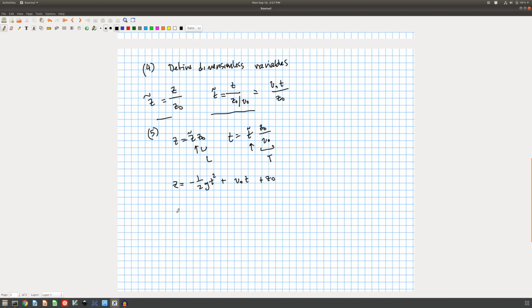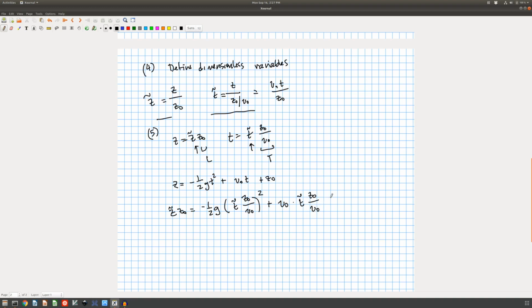So z becomes z tilde z0, and that equals minus 1/2 g times t, which is t tilde z0 divided by v0, squared, plus v0 times t, where t is again t tilde z0 over v0.